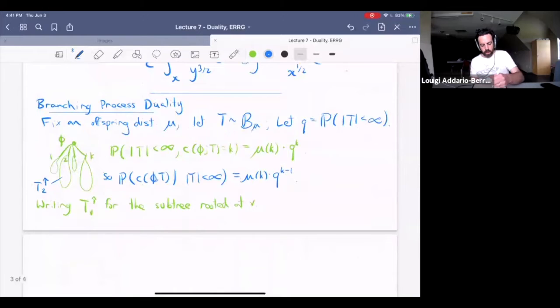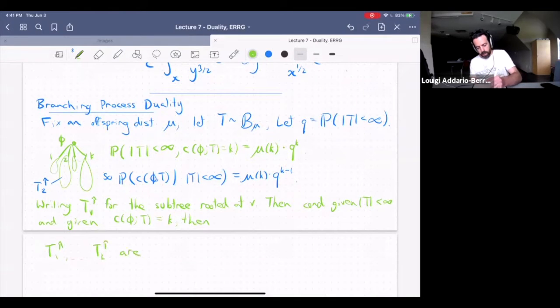So with this notation, conditionally given that the whole tree is finite, and given that the root has k children, then these subtrees, again by the branching property, are independent copies of independent branching processes. But now they're conditioned to be finite as well, because T was conditioned to be finite.